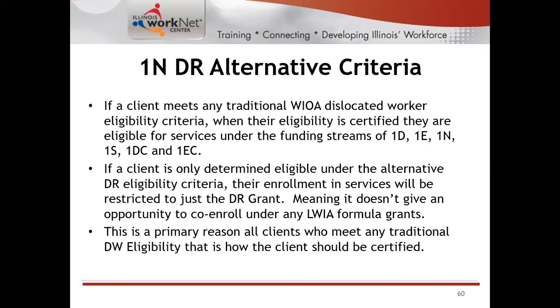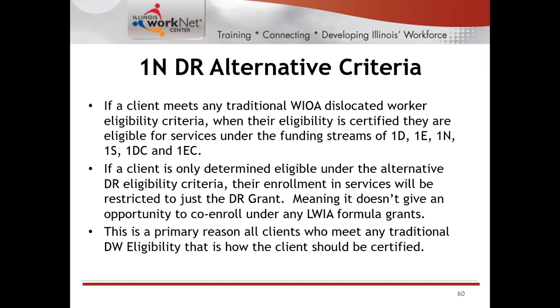So if a client meets any traditional dislocated worker criteria, I know it sounds like a drum when I keep beating this thing over and over, when they're certified under 1D, 1E, 1N, 1S, 1DC, 1EC, they're going to be eligible under your disaster recovery grants. But if a client is only determined eligible under the alternative DR eligibility criteria, their enrollment in services will be restricted to just the DR grants. And it doesn't give an opportunity to co-enroll in any other LWF formula grants.